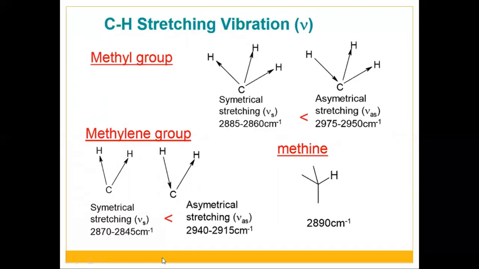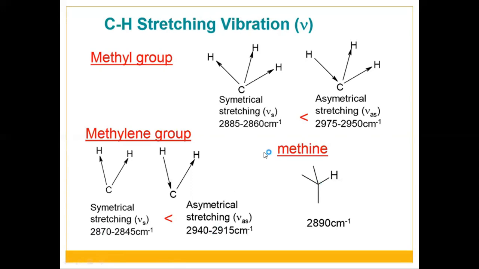In the methylene group, the CH stretching is again of two types, symmetrical and asymmetrical, where symmetrical stretching will be observed at 2845 to 2870 per centimeter, and asymmetrical stretching will be found at 2915 to 2940 per centimeter, whereas methine CH stretching will be observed at 2890 per centimeter.